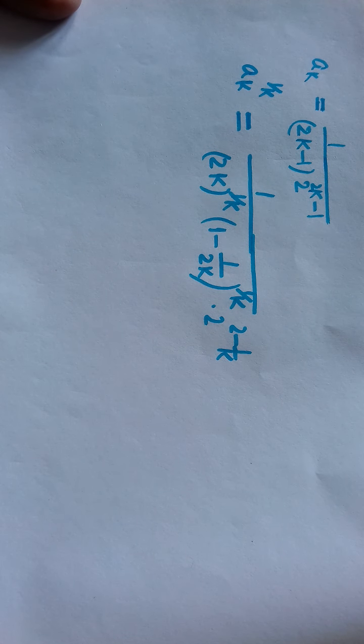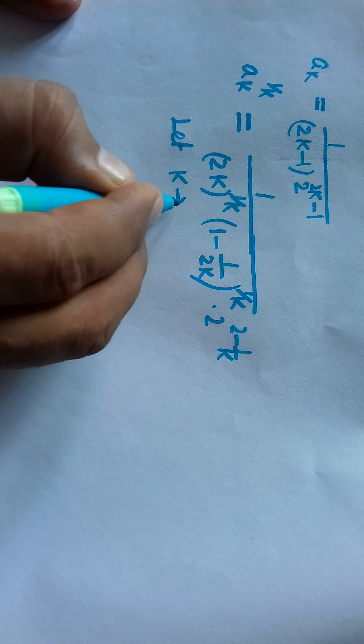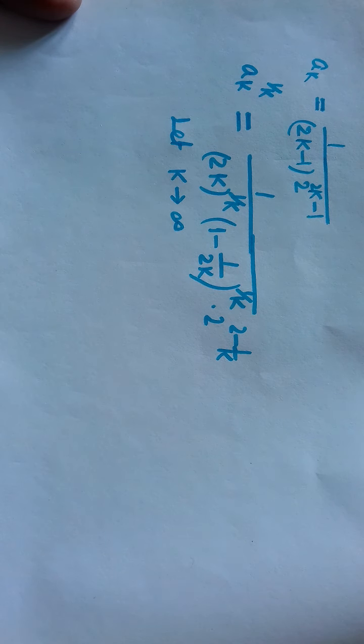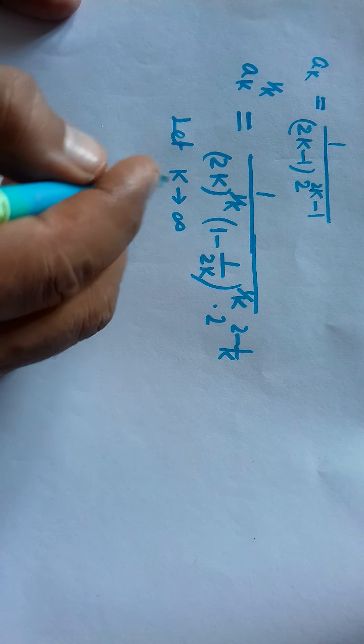Now let k tend to infinity. k to the power 1 by k is 1.